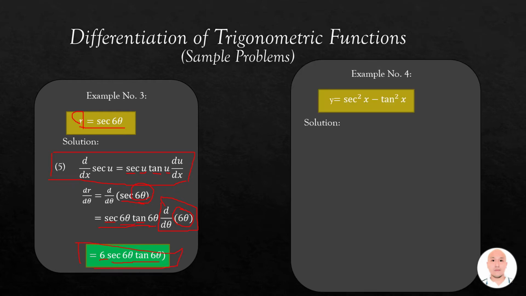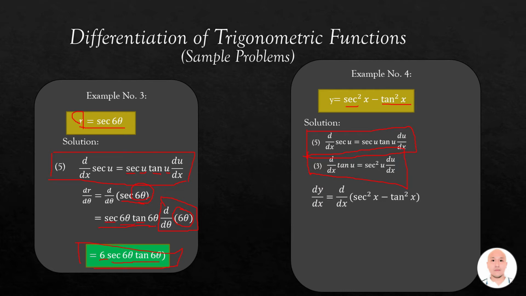So for problem number 4, y equals to secant squared x minus tangent squared x. So here we have two different forms, the secant form and the tangent form. So we will use formula number 5 for the secant form and formula number 3 for the tangent form.